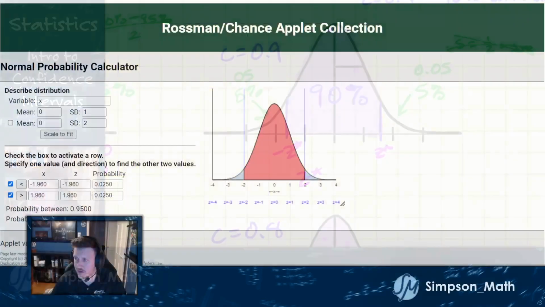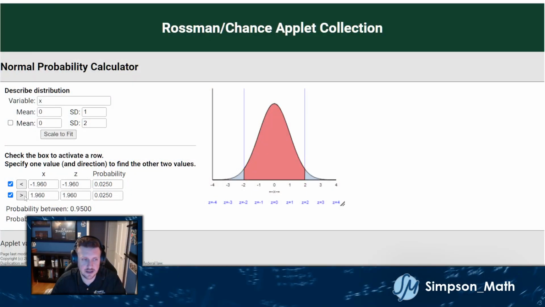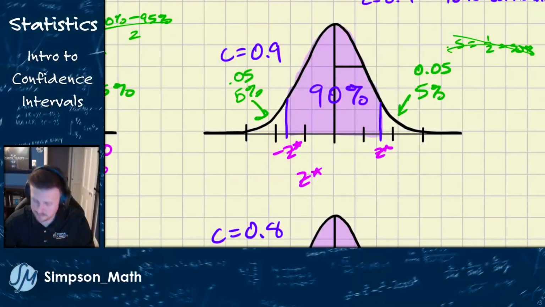All right, so now let's go to our applet, one less than, one greater than. Let's change our tails to be 0.05 on each, and the z's should become the same value, just with different signs. So 1.645, positive and negative, and the area between is 0.9.